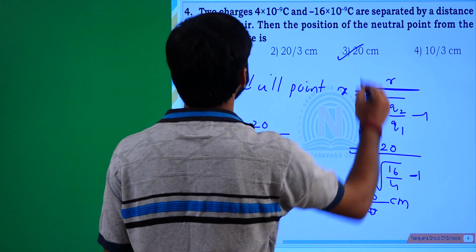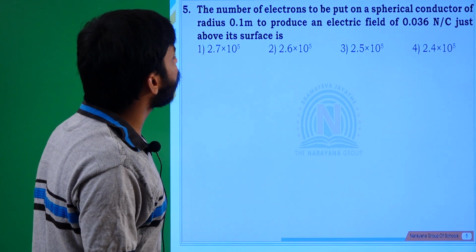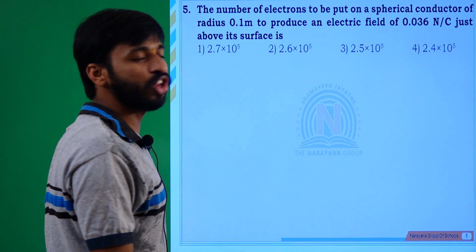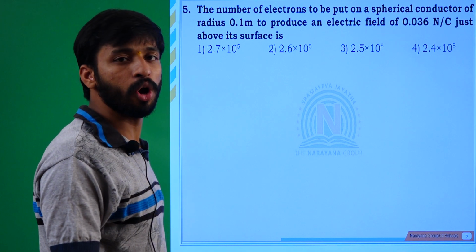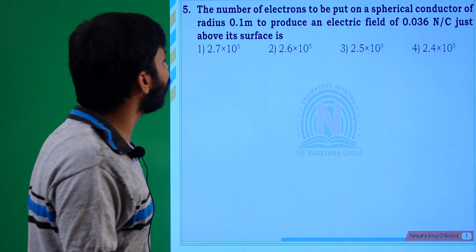Third option. And last question: the number of electrons to be put on a spherical conductor of radius 0.1 meter to produce an electric field of 0.036 Newton per coulomb just above its surface.